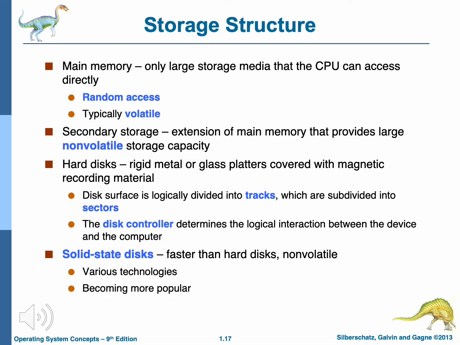The load instruction moves a byte or word from main memory to an internal register within the CPU, whereas the store instruction moves the content of a register to main memory. Aside from explicit loads and stores, the CPU automatically loads instructions from main memory for execution.